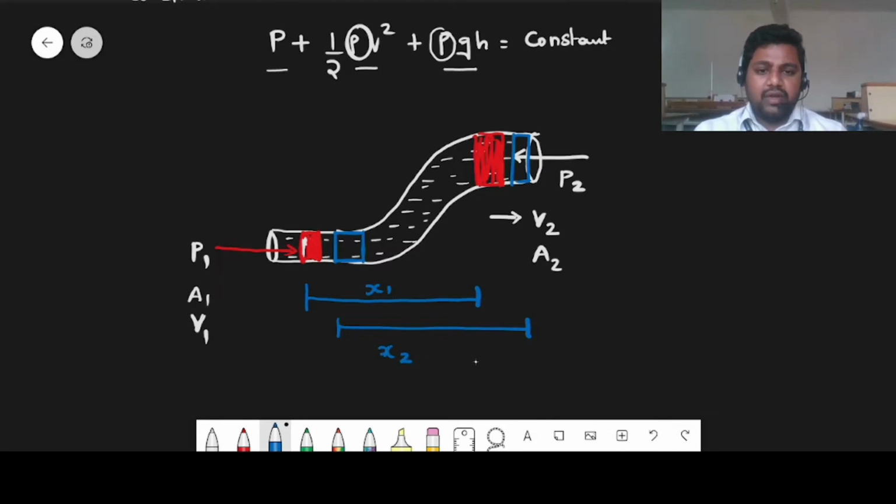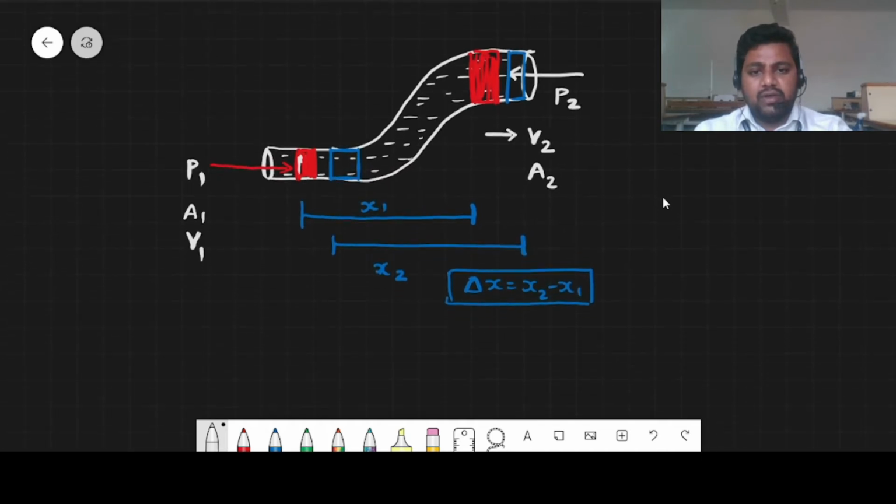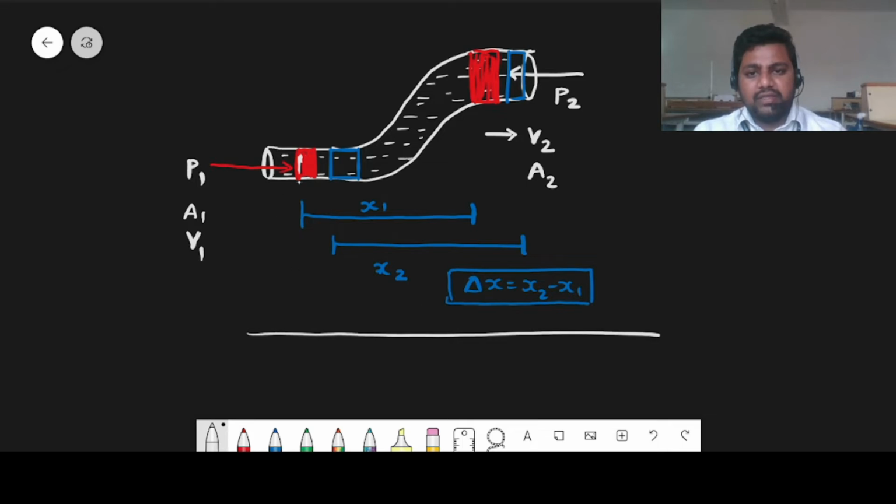It has moved delta x, which is x2 minus x1. So this is the change in its position. These two liquids are at different levels. From the ground, this liquid is at a height h1 and this liquid level is at a height h2.